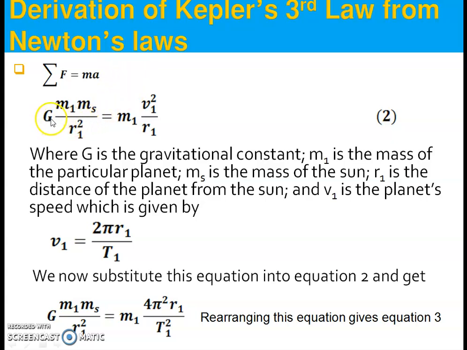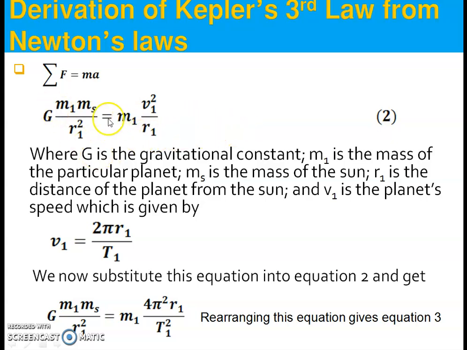And G times M1 Ms over ρ1 squared is equal to M1 times V1 squared over ρ1. If you look, this is the gravitational force, and this is the centripetal force on the planet with mass M1.